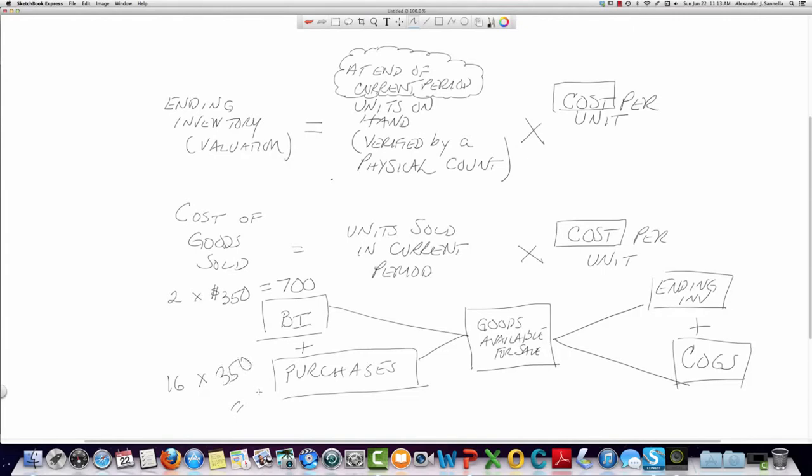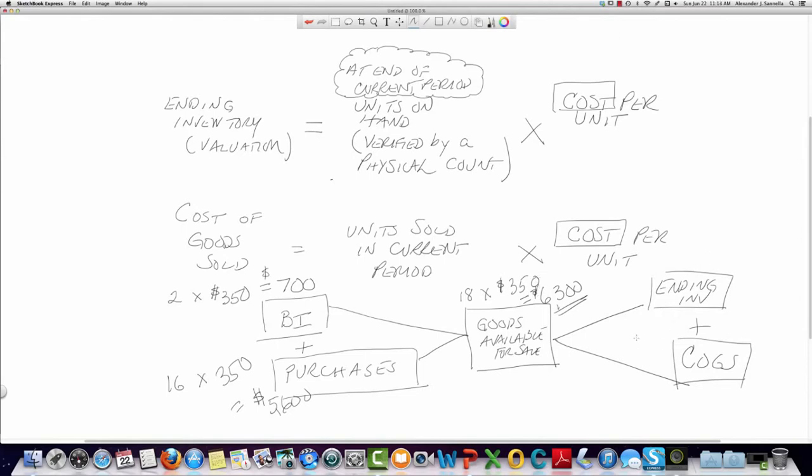And that's going to give you a purchase cost of $5,600. So what you have available would be 18 units at $350. And the total cost of goods available is going to be $6,300. That is the $700 beginning plus the purchases of $5,600 gives you $6,300 as available.